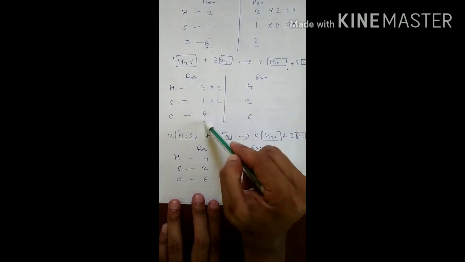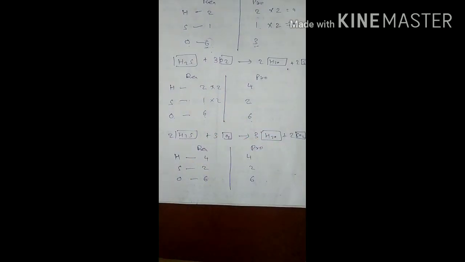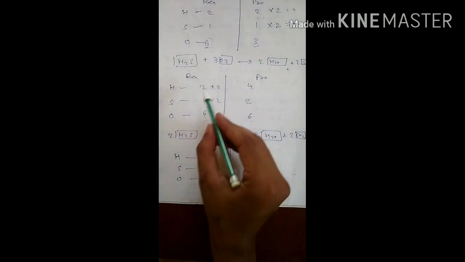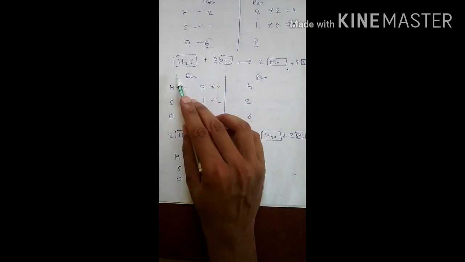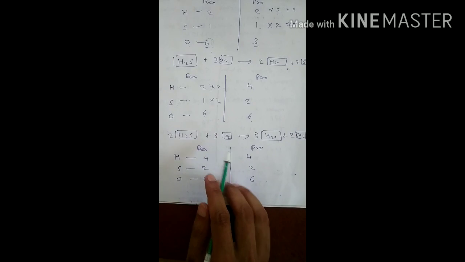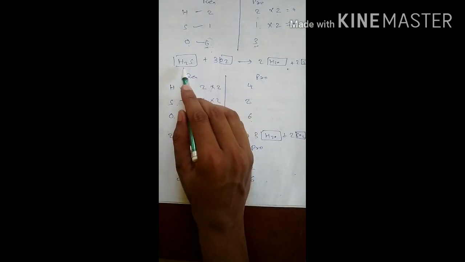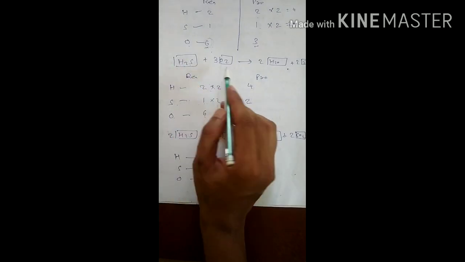Now oxygen is even, but sulfur and hydrogen both are disturbed. So I am going to change the number of hydrogen and sulfur atoms on the reactant side. So I am multiplying hydrogen and sulfur by 2. Which is the molecule that has hydrogen and sulfur? H2S. So I am multiplying this H2S molecule by 2.